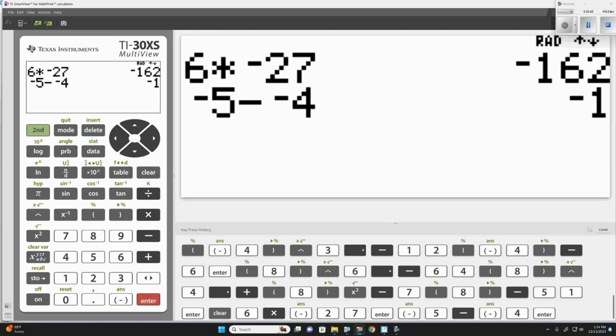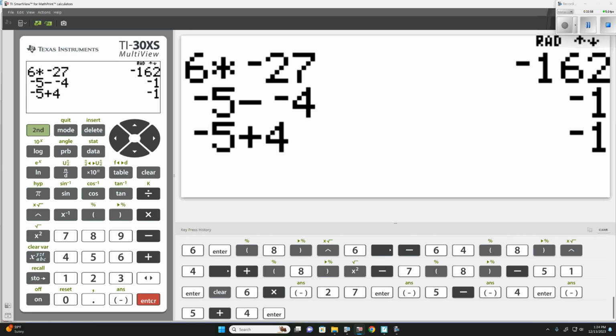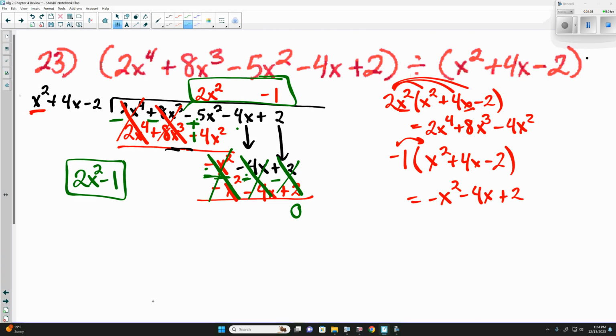Because our negative negative, if we subtract negative 4, guys, the negative negative minus negative 4 is the same as plus 4. And negative 5 plus 4, 4 minus 5 is negative 1. Now we still have the x squared giving us negative x squared. We bring down the minus 4x. Now we didn't have enough terms, so we brought down, it should have been 2, not 12, and then did this again.